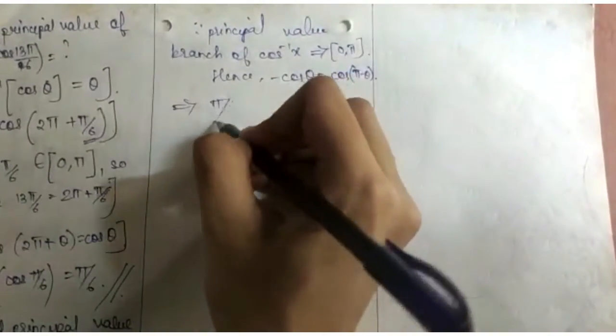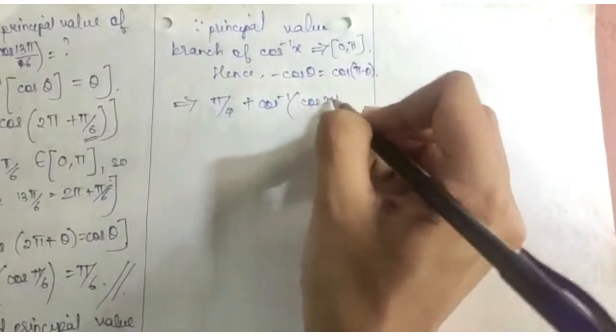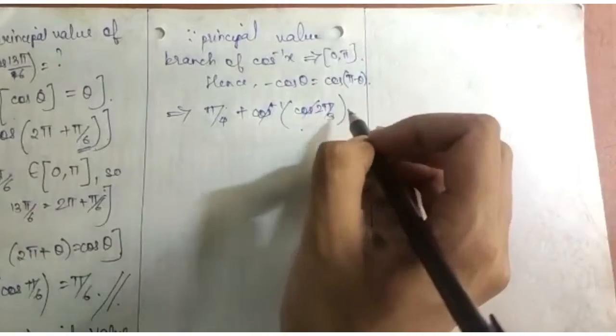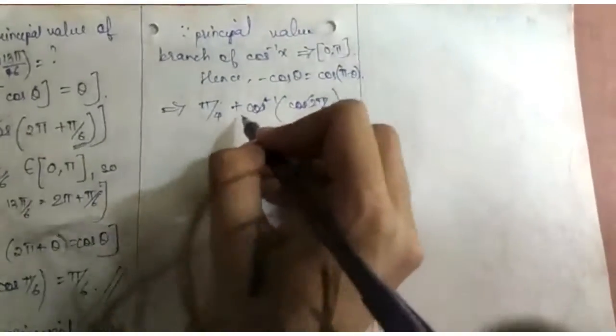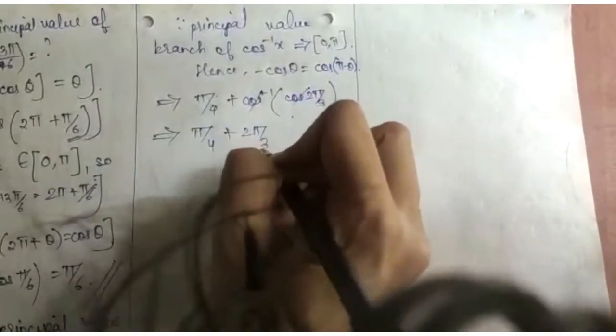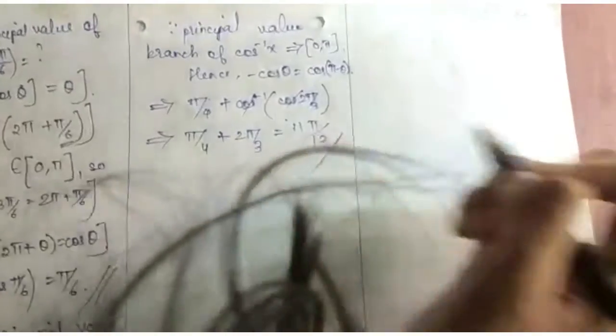Therefore, it becomes pi by 4 plus cos inverse of cos 2 pi by 3. So cos inverse of cos theta is again theta, where theta here is 2 pi by 3. Hence, by solving, pi by 4 plus 2 pi by 3 is equal to 11 pi by 12.